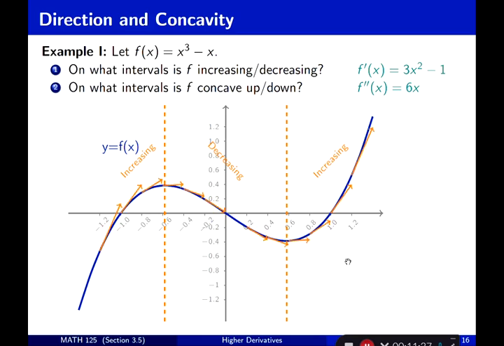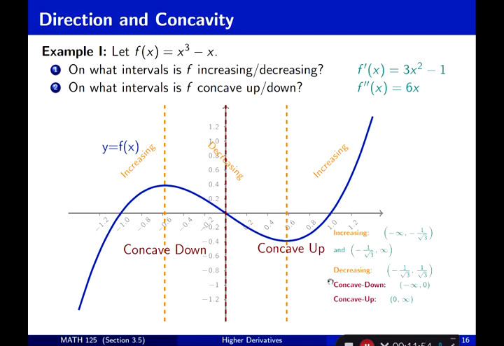And then that's the other information. The concavity changes at 0. So concave down from negative infinity to 0, and up from 0 to positive infinity. And these are the values again.